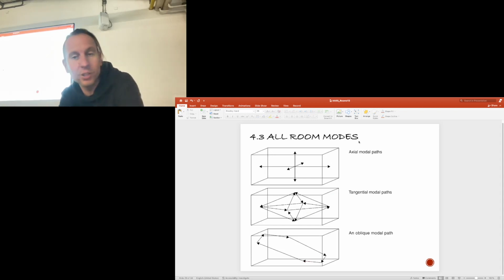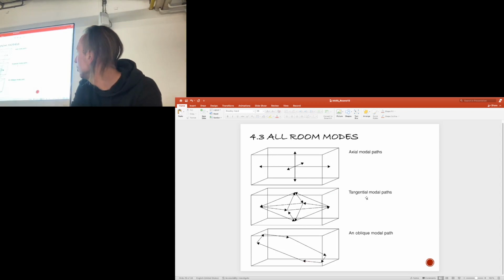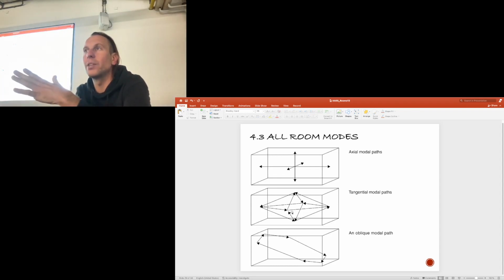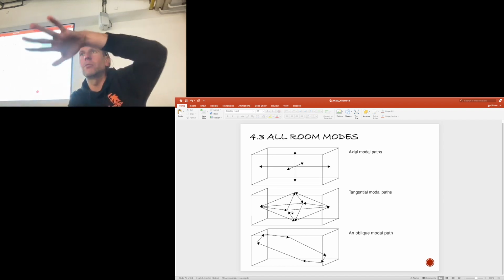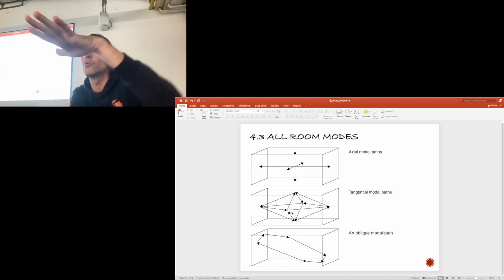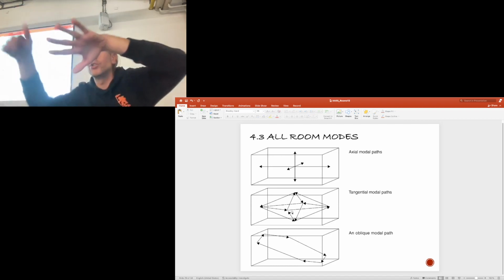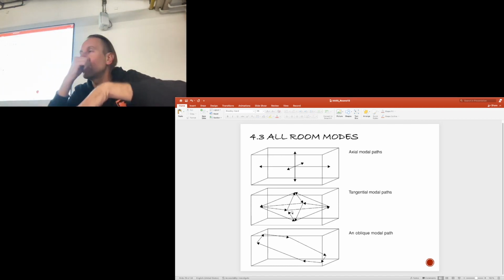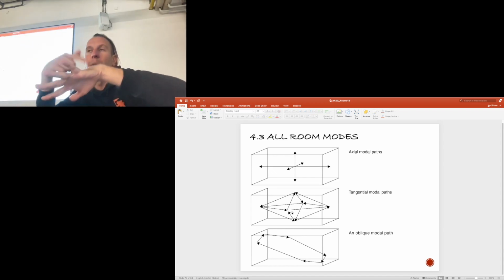Then we have tangential modes, which means that the resonance is set up between four walls, or in other terms, you get the resonant pattern in a plane, right? So I can put a plane in a room such that it reaches four walls, so you get a kind of circular thing.